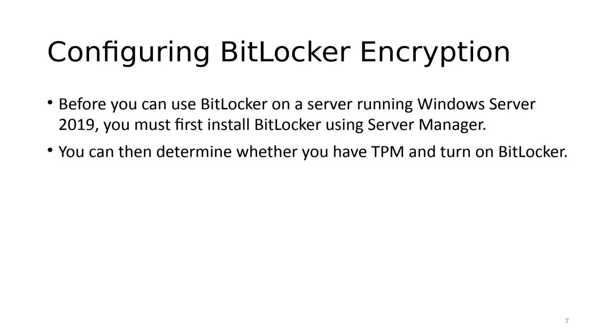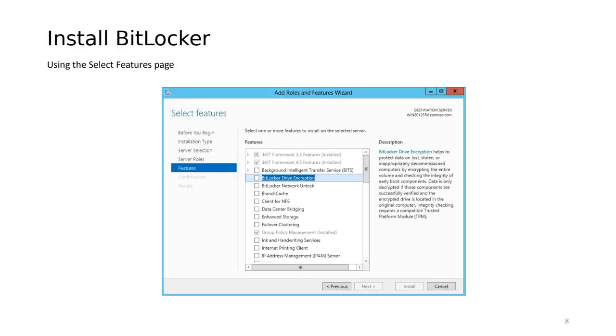BitLocker also is a feature you need to install. It's not there by default. You need to add it to the Windows server. And we will do this in the lab. It's very simple to add. You have to make sure that you have TPM. So this is the feature. It's called BitLocker Drive Encryption.